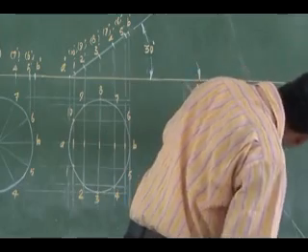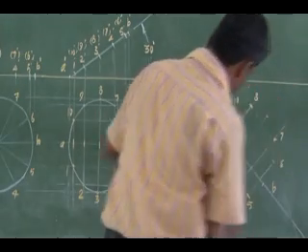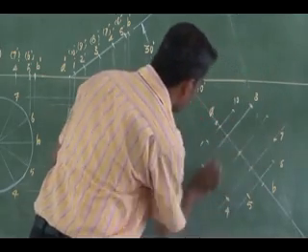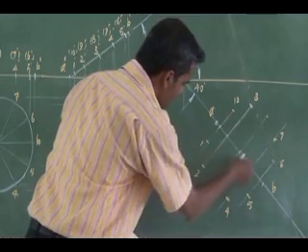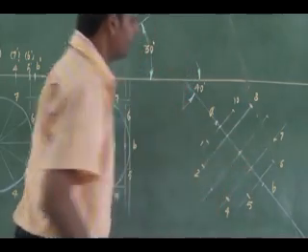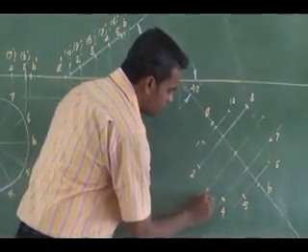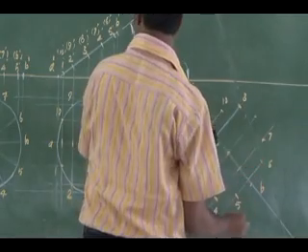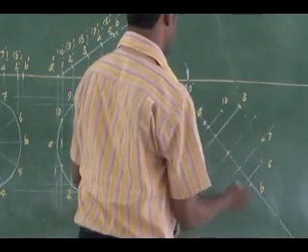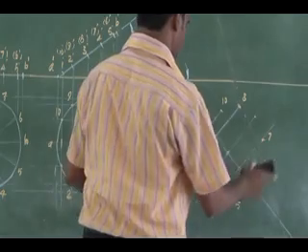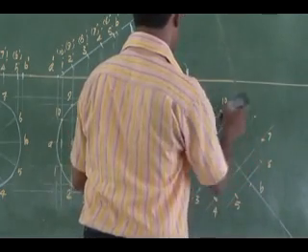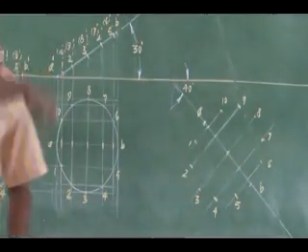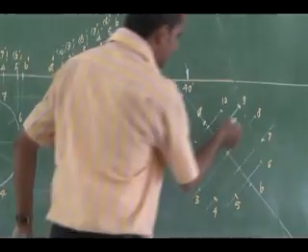That is nothing but equal to the diameter. So clear? In this way I can mark all my points, connecting them and drawing a smooth curve again.